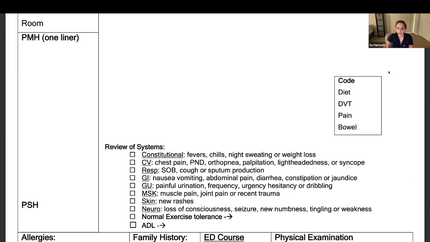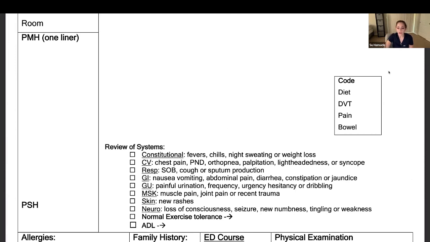So code, you need to ask everyone being admitted about code status. You should not leave that room unless you have a code status. You physically cannot admit someone if you don't have a code status with the admission orders.